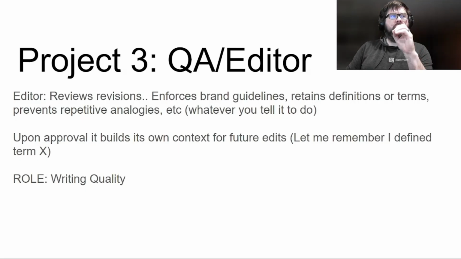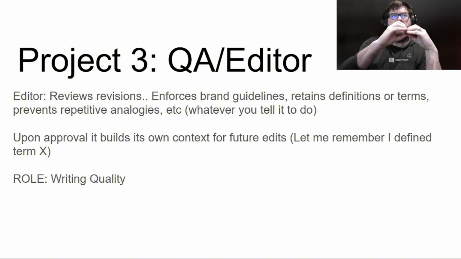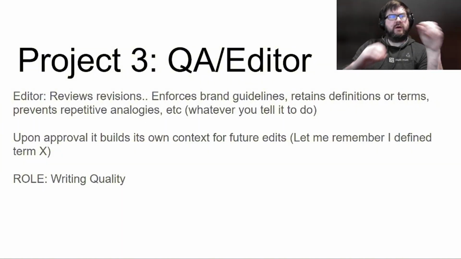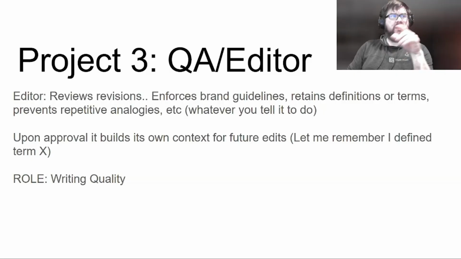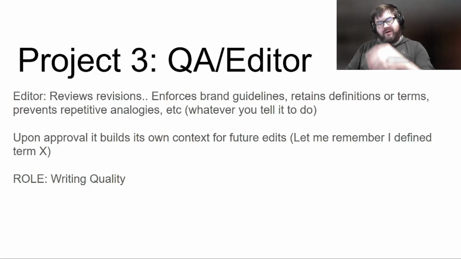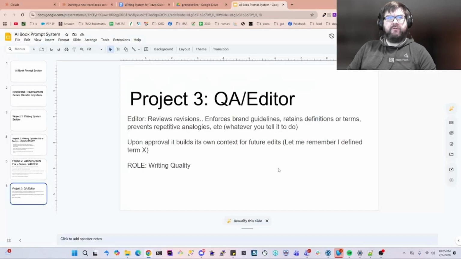When it approves, even if you make a minor edit, you want to pass it back through, because when it approves, it will build context of what it had reviewed and any specific things that you told it to track. If you defined the definition of a word and that was one of the things you told it to track, it's going to track it when it's approved. It's very important to get all of your work approved by the editor. Don't let the edits out. You've got to get your stamp of approval.